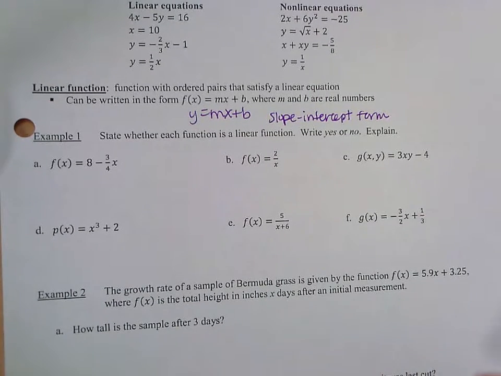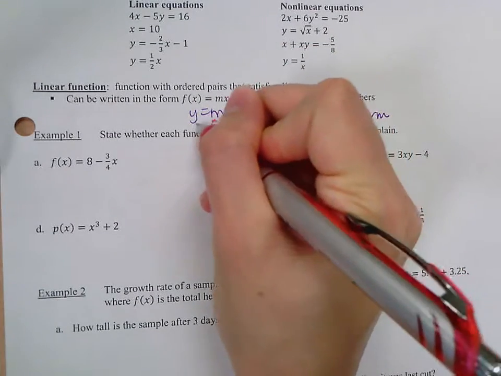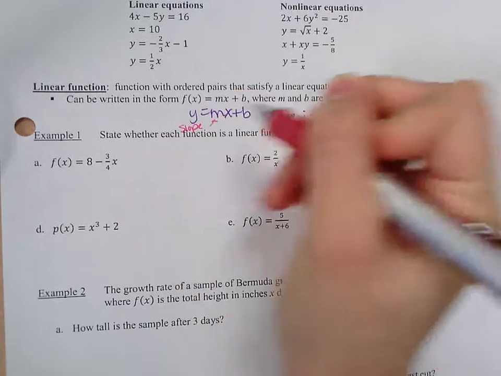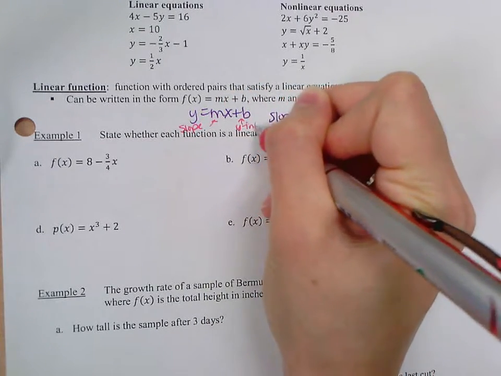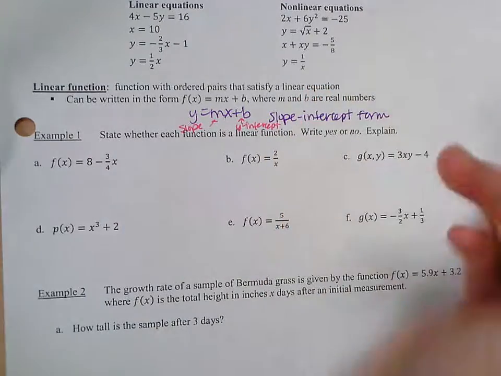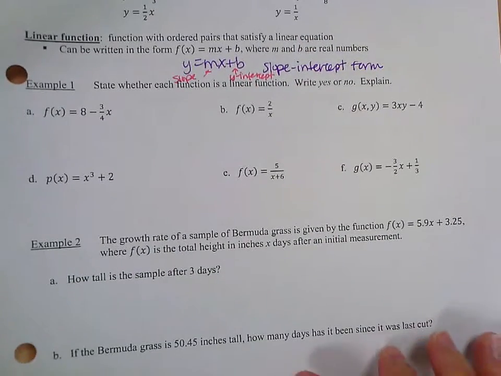Why is it called slope intercept form? What does the M stand for? The slope. What does the B stand for? The y-intercept. Okay, I just point that out in case you didn't make that connection before.